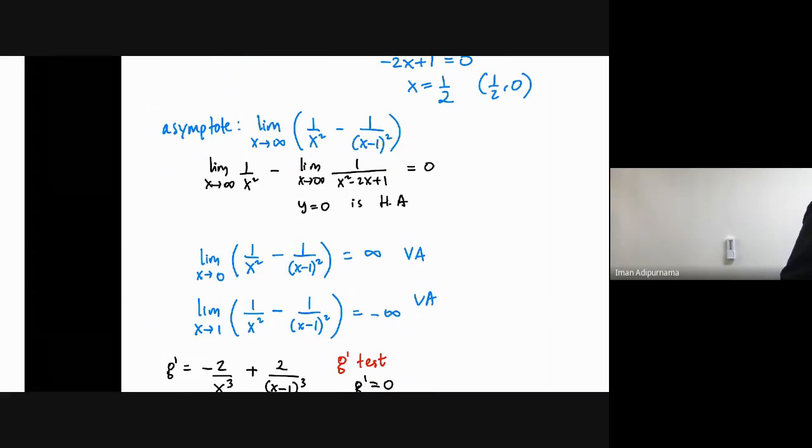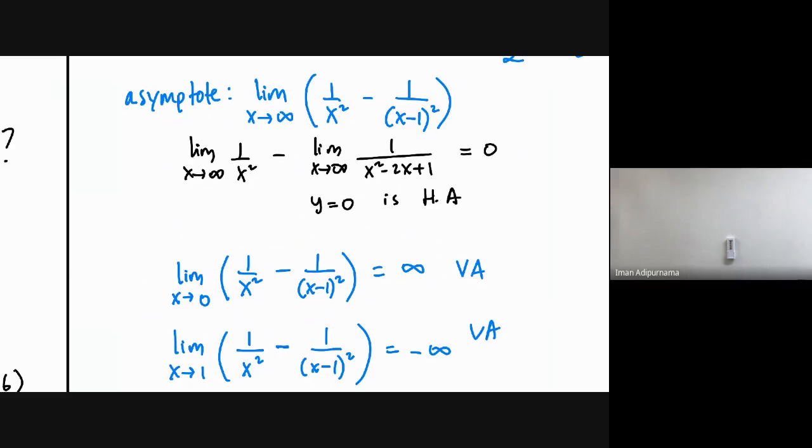So you have the horizontal asymptote, which is defined by the limit as x approaches infinity. Of course, if it equals some value, like 0, then y equals 0 is the horizontal asymptote. And then this 0 and 1 for the limit: you get the 0 and 1 from the domain.